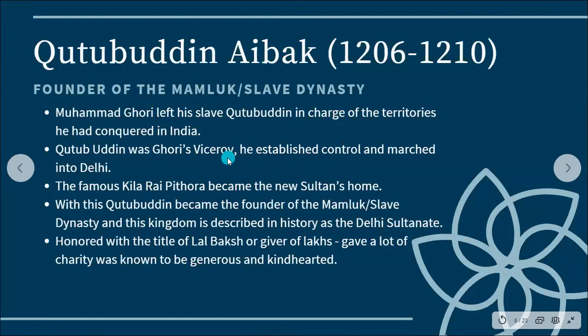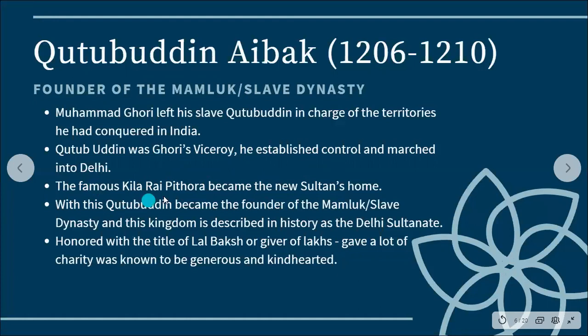So what had happened was that Muhammad Ghori left Kutubuddin to rule on behalf of Muhammad Ghori over this area, right? But after he died on his way back to Afghanistan, Kutubuddin established control and marched into Delhi, right?